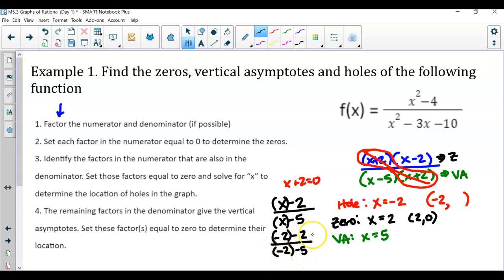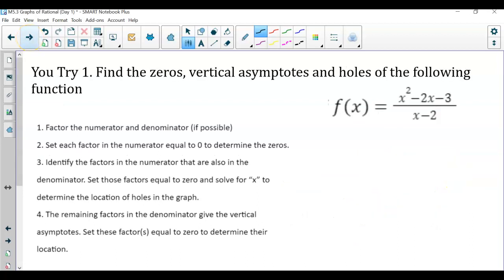So that means I've got here -4 over -7, but two negatives make a positive. So the hole is located at the point (-2, 4/7). You can't see it when we graph this in Desmos, but that's where you would have a hole in the graph. So this is what we're going to be focusing on here, guys: identifying the hole, the 0, and the vertical asymptote.